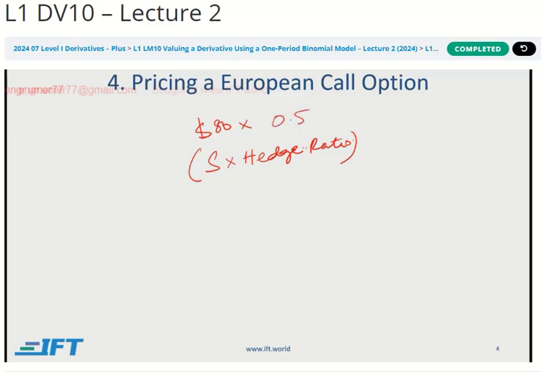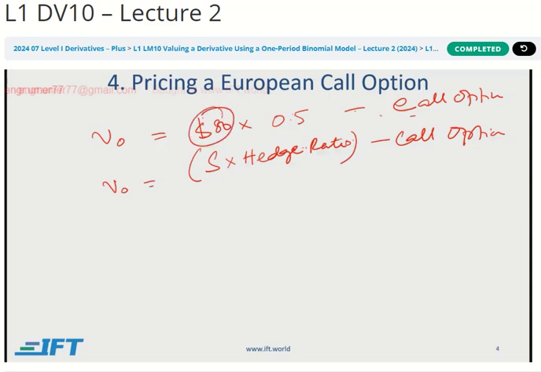So this is the money we will pay, and the money we will receive is the call option premium which the other party will pay to us, right? Because we're selling that. So our total investment today is basically 80 multiplied by 0.5, because we're only buying half the number of shares, minus the money we will receive from the call option premium.